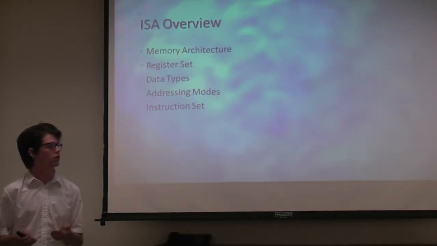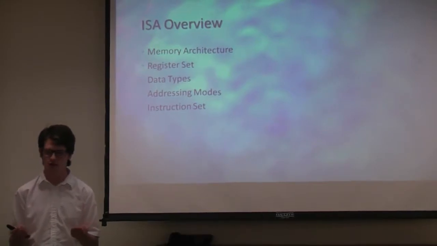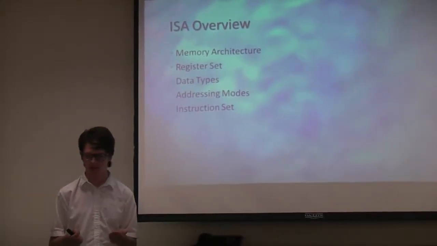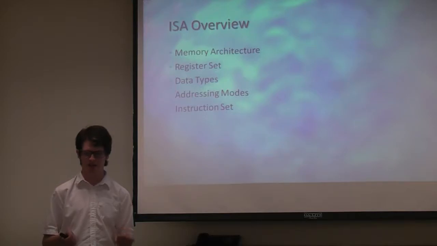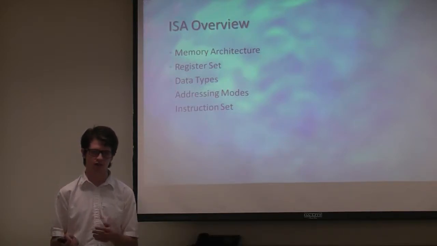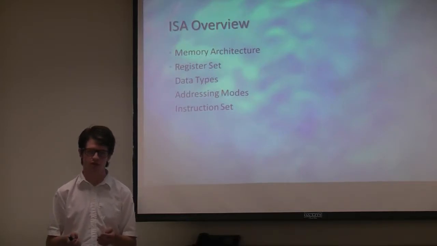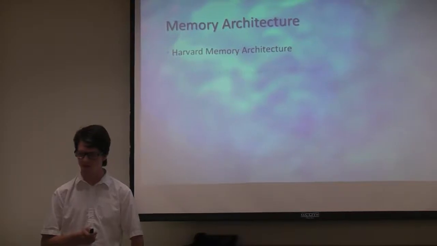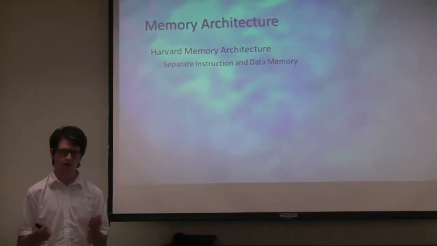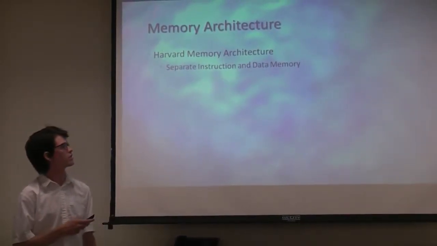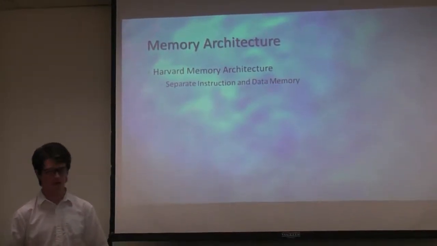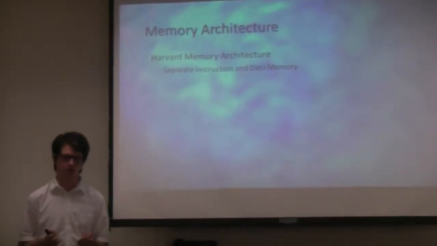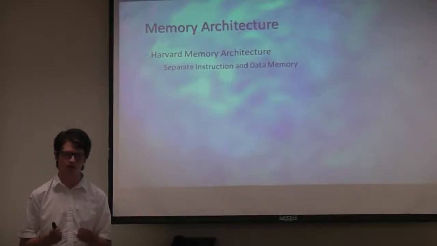So here's an overview. We have the memory architecture, the register set, data types, and addressing modes, and then we have our instruction set. This is the baseline of every instruction set architecture. So the memory architecture we're using in this system is the Harvard memory architecture. It means we're using separate instruction memory and separate data memory.